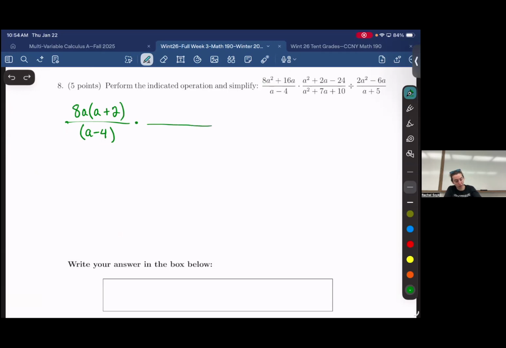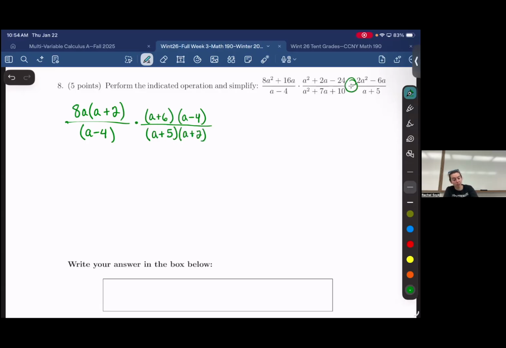What are factor pairs of negative 24 that add to 2? 6 and, yeah, negative 4. What about factor pairs of 10 that add to 7? Yeah, 2 and 5 or 5 and 2.